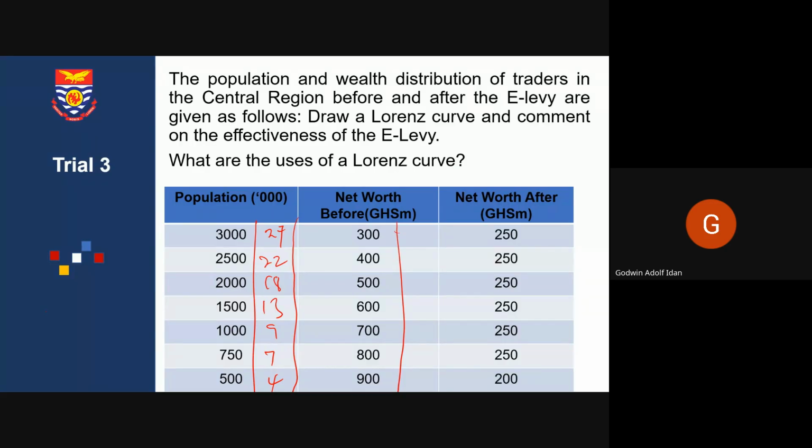What is the total? 4,200. So we're going to have 300 divided by 4,200 times 100. We also have 400 divided by 4,200 times 100 in that particular order. So we get to the 900. Some of you should start from the bottom and others should start from the top so that we move faster.